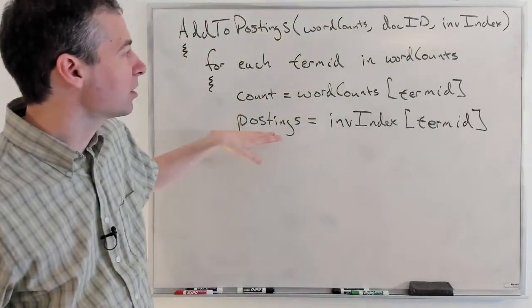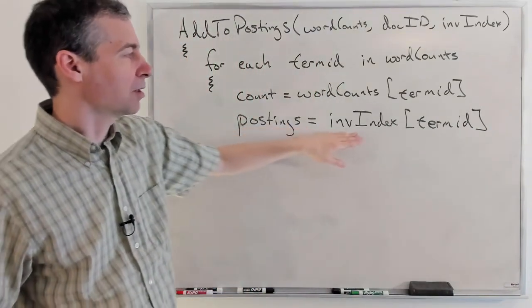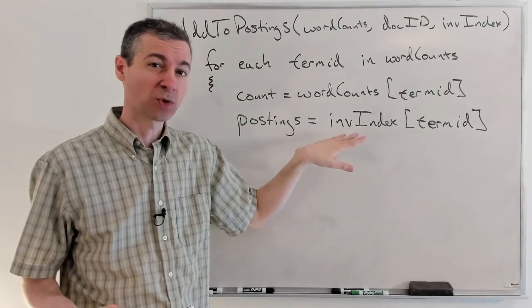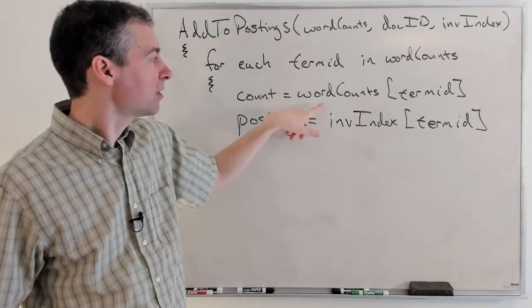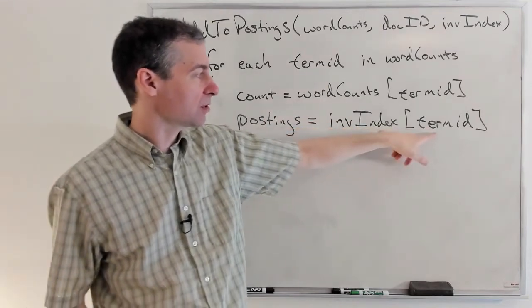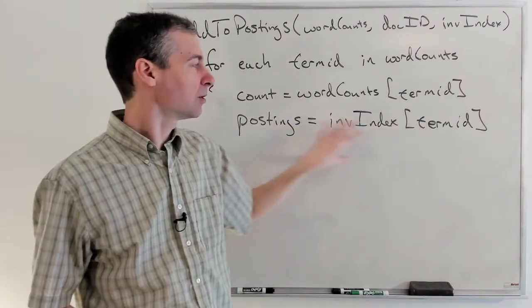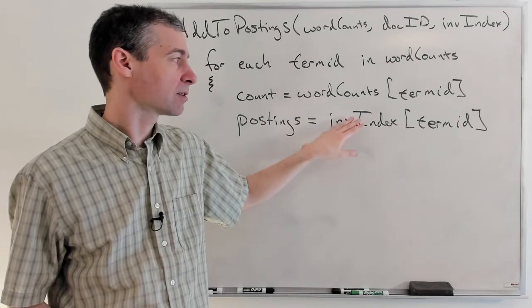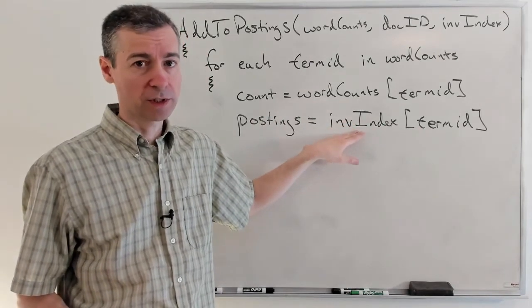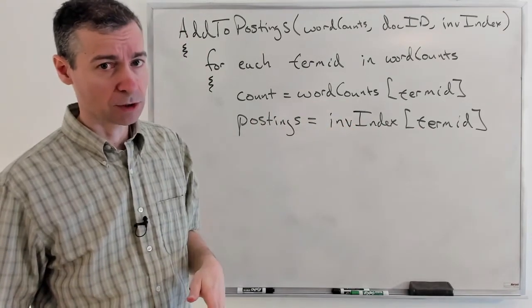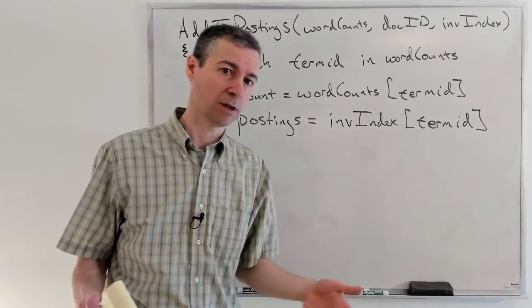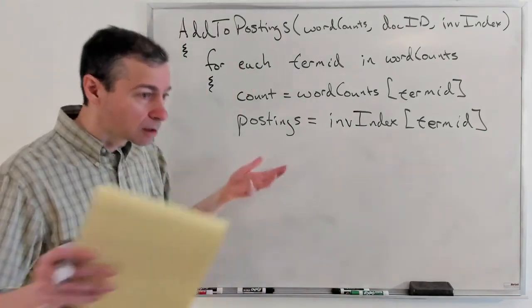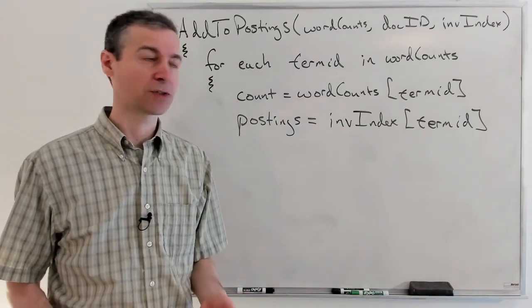And I can see here already that I'm playing a little fast and loose with the pseudocode. If the inverted index has never seen the term ID before, there really needs to be logic here that says, ooh, dear inverted index, does this term ID yet exist in you? Oh, it doesn't. Okay, well, appropriately change yourself.